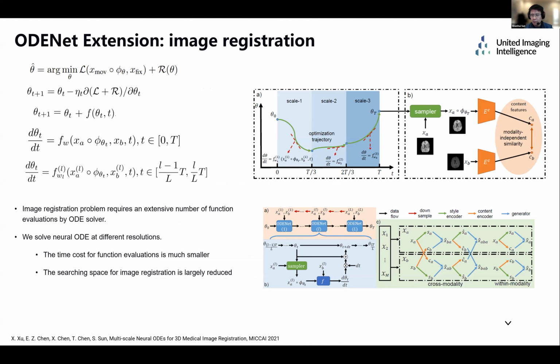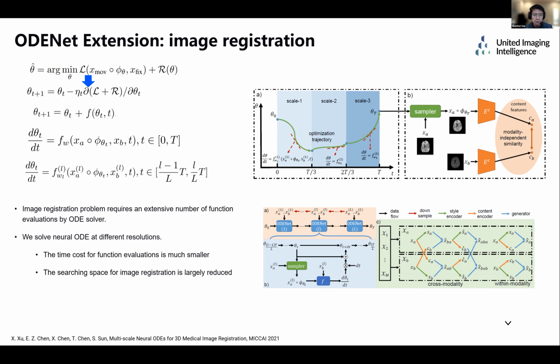We also extend our neural ODE network for the MRI reconstruction problem to another optimization problem. This is the image registration problem. If we recall, image registration can also be formulated as an optimization problem. During the optimization, we try to figure out either the deformable field parameters or the affine transform parameters.